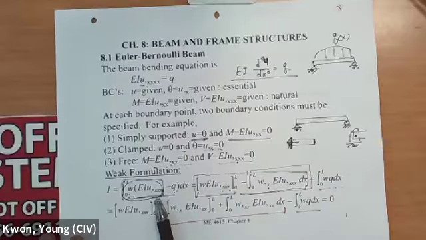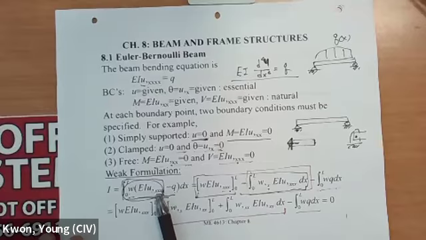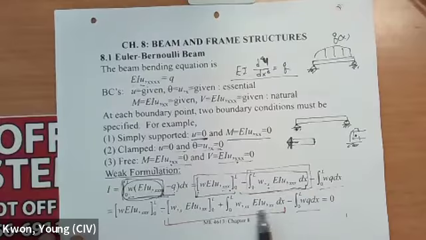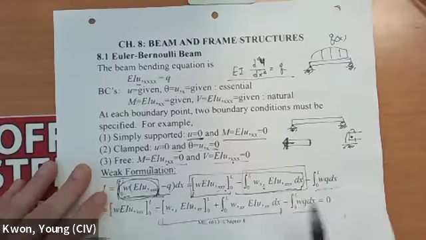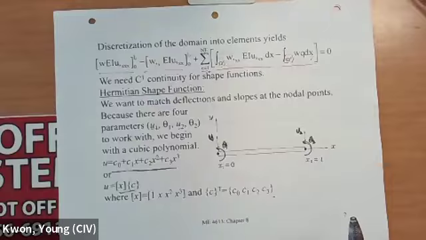But if it is an odd order, like first, third, or fifth, there's no way you can make them equal. So you have to stop when the difference is minimum. For example, if it is third order, then one becomes first order and the other becomes second order, and you stop there, because doing more does not change much. We stop whenever they are close enough. That's what you have to do for the weak formulation.